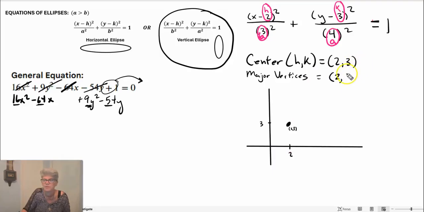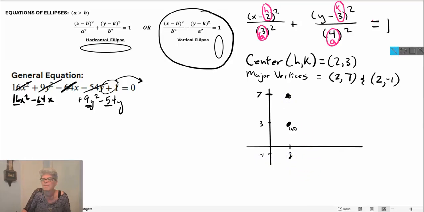So 3 plus 4 is 7, so 2 comma 7. And then 4 units down. And so 4 units down, 3 minus 4 is going to be negative 1. Should be about there.